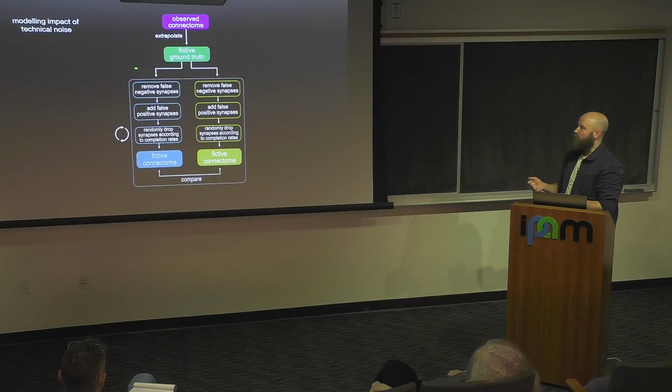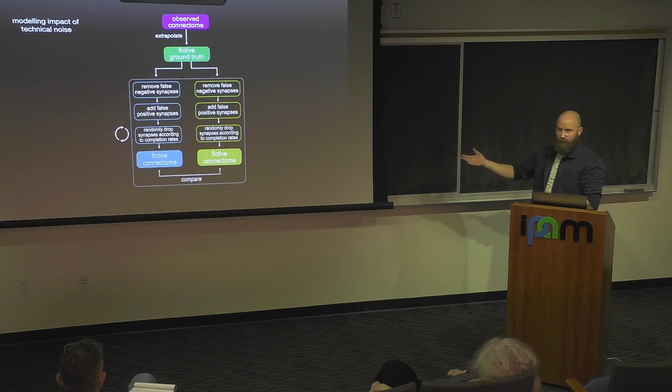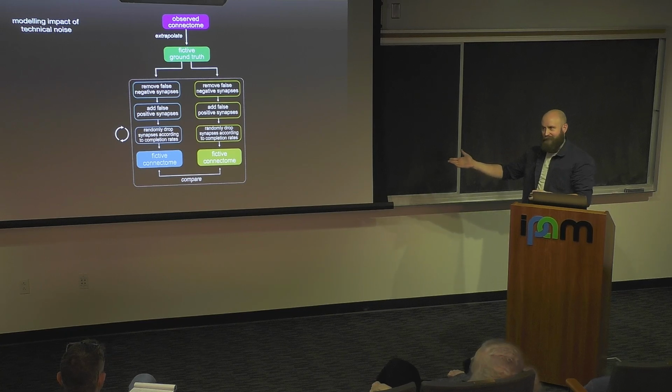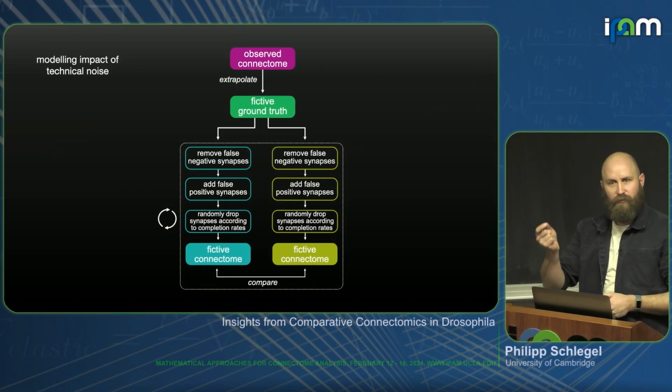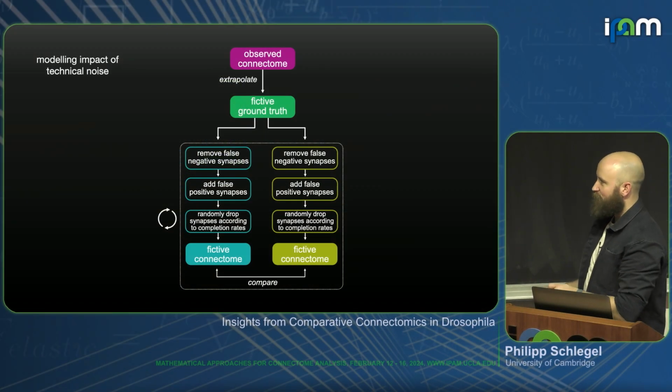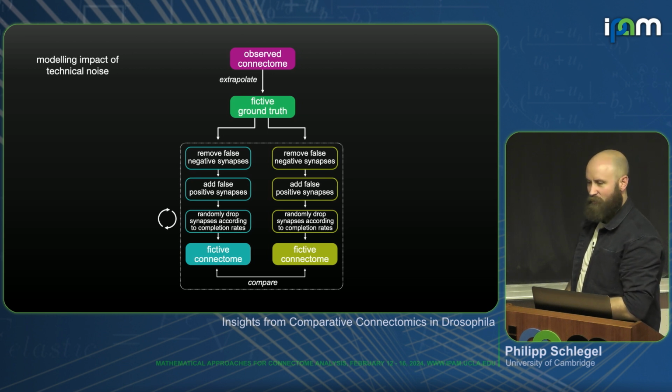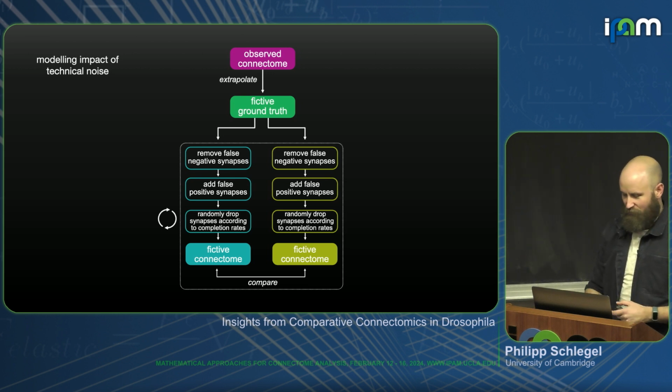And then we generated draws from that, where in each draw you remove false negative synapses, so synapses that the detection missed, add false positive synapses and so on, and also randomly drop synapses according to the completion rates of the neuropils. And you can do this twice independently, and then you end up having two connectomes that you know are from the same original connectome, and you can start comparing. And obviously, you can do this a couple hundred times to bootstrap the whole process.